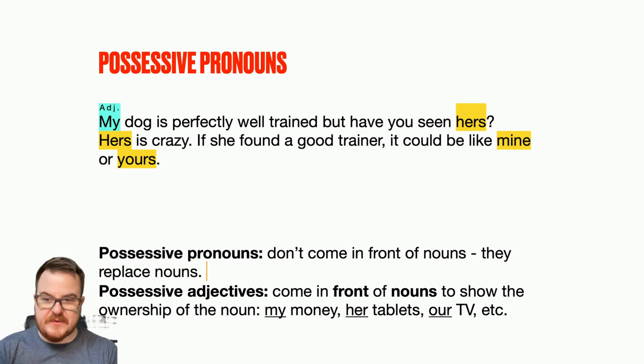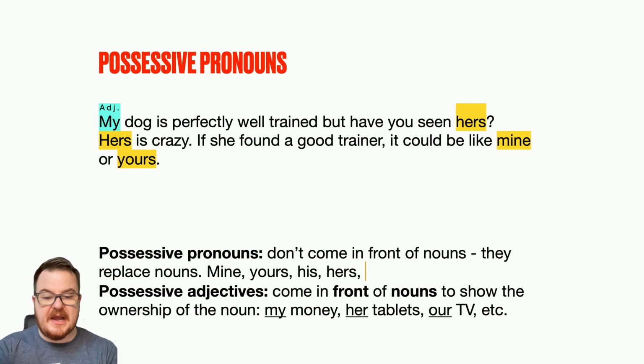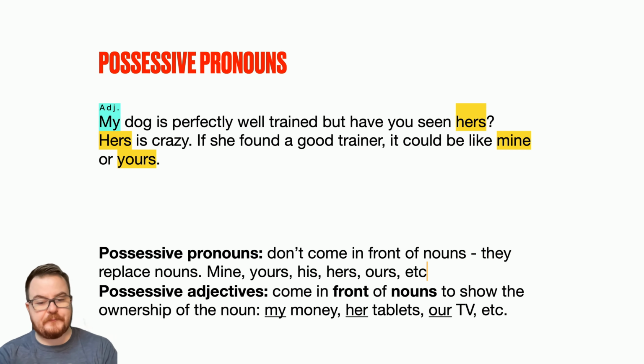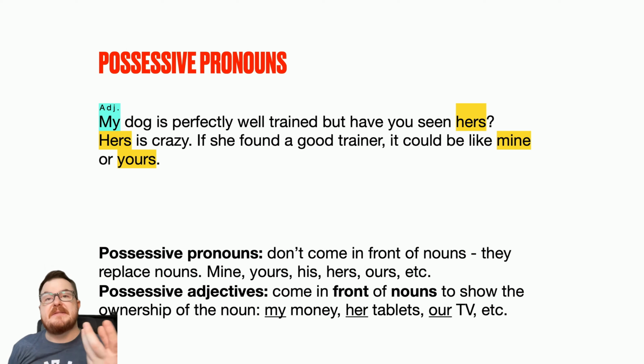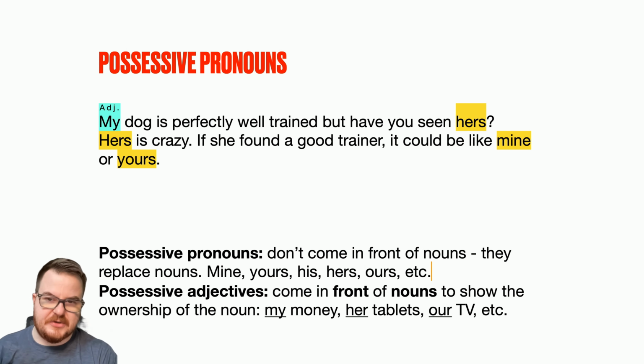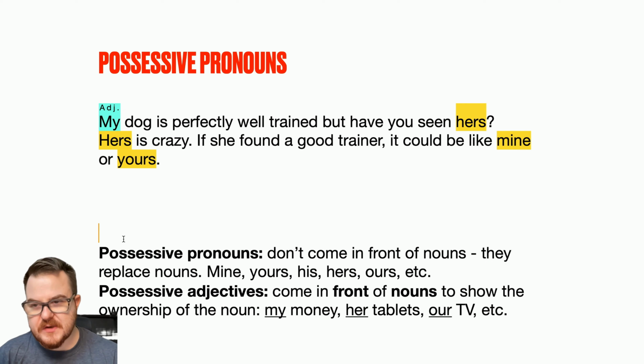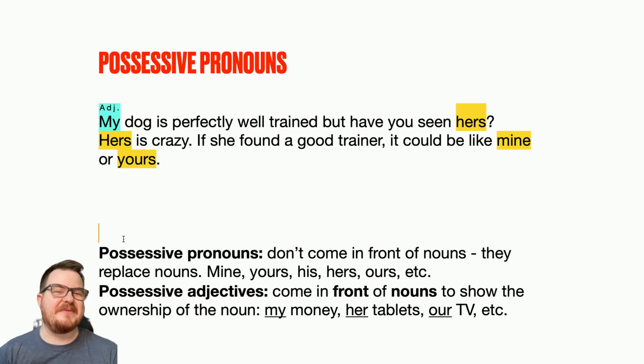And of course, if we wanted some examples of them, in English you would have mine, yours, his, hers, ours, and so on. Did I leave any out? Theirs, etc.